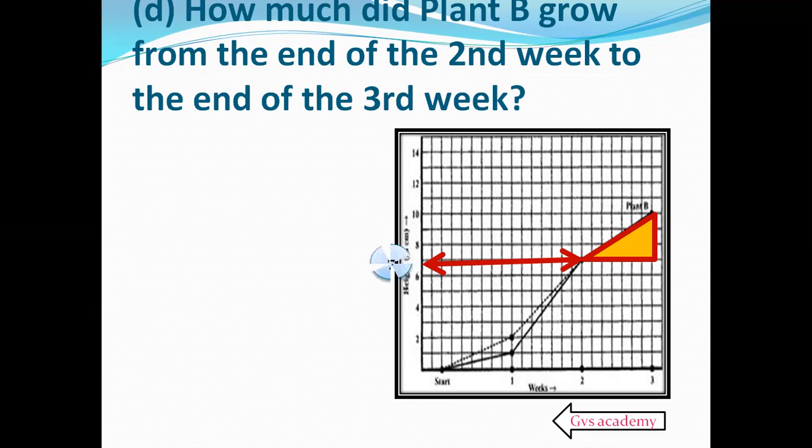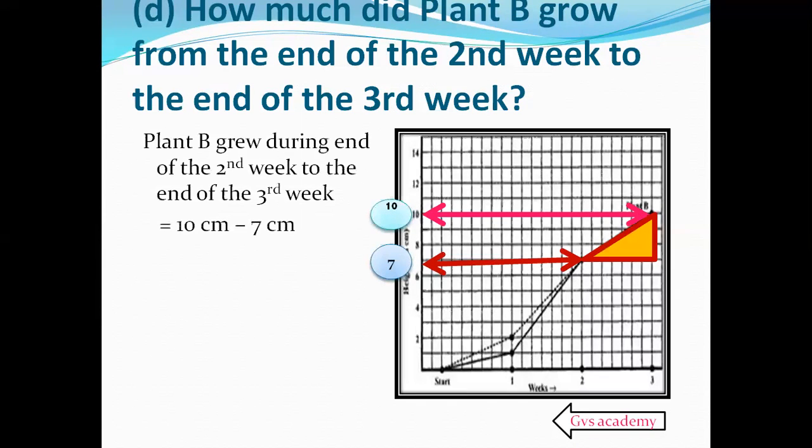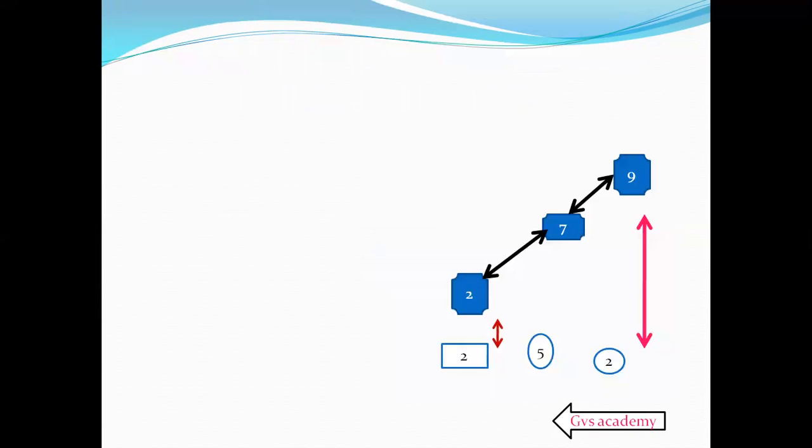At the end of the third week it is 10 centimeter. So the difference between these two gives how much it has grown. So 10 minus 7 is equal to 3 centimeter. So between the second week and the third week, plant B increased by 3 centimeter.